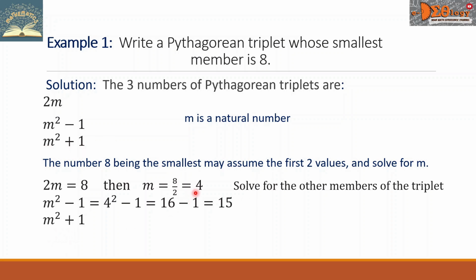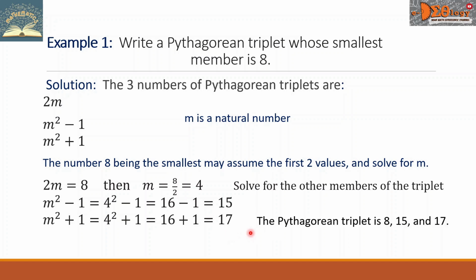We substitute the number 4 for m, so this becomes 4 square plus 1. 4 square is 16, then plus 1 equals 17. Therefore, the Pythagorean triplet is: first member is the number 8, followed by 15, then 17.